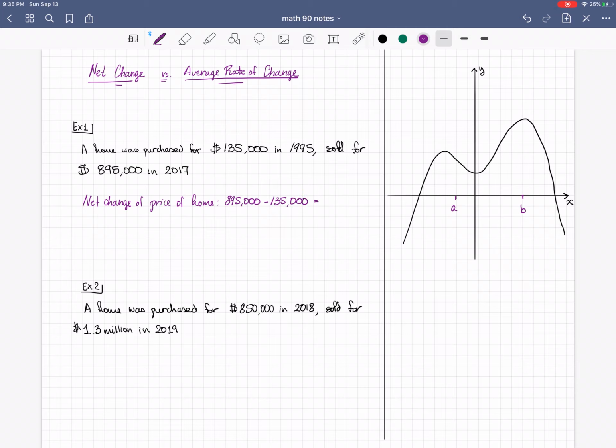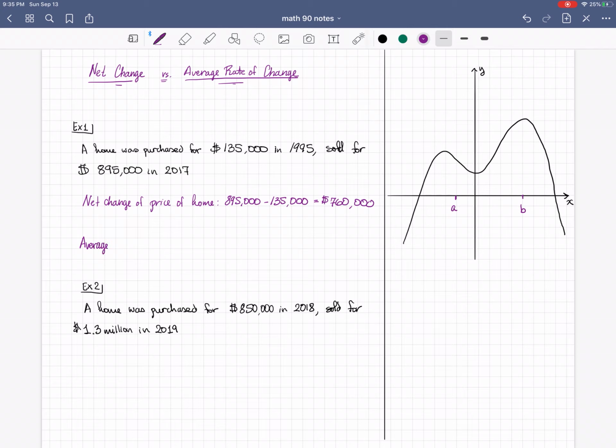So 135,000 is being subtracted from 895,000, and this is $760,000.